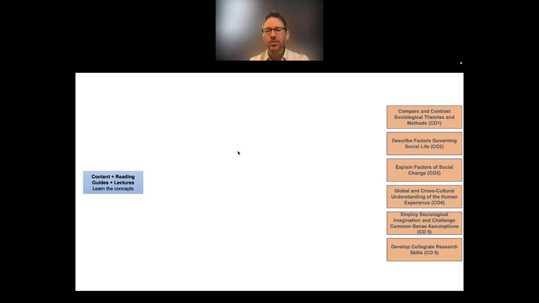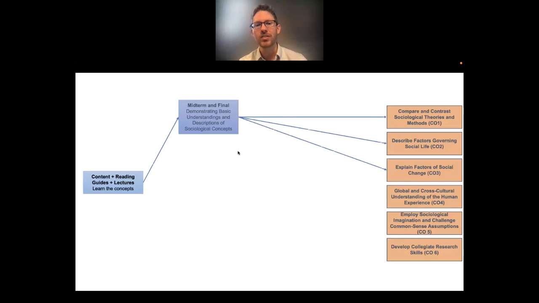Now, when professors give you assignments, that's because they're trying to help you bridge going from the content on the left to the outcomes on the right. So how this works is the midterm and final really is helping you just understand. It's helping me and you know that you have mastered basic concepts in sociology, that you can talk about sociology, you can identify sociological ideas.